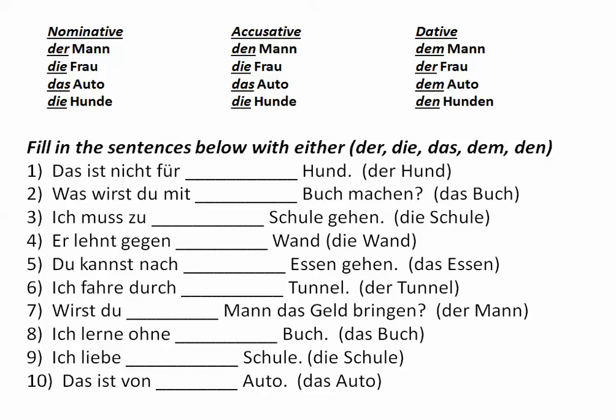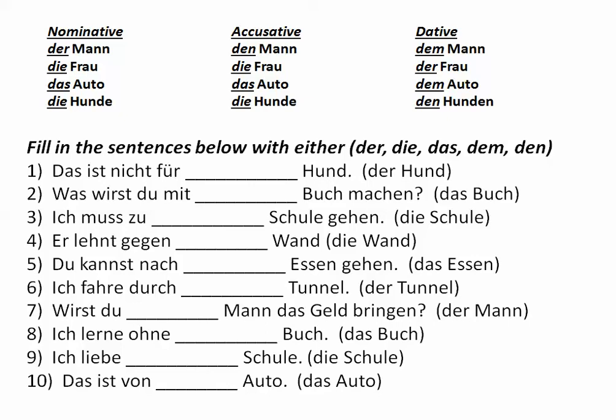So the only ones that will change will be your masculine nouns. In the dative, the masculine, der, changes to dem. The feminine, die, changes to der. The neuter, das, changes to dem. And for the plural, it becomes den plus n or en as needed to make your noun following end in en. So Hunde already ends in an e, so we just added an n to make it Hunden.